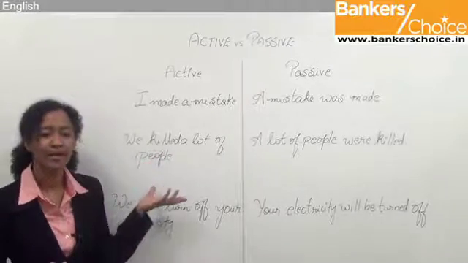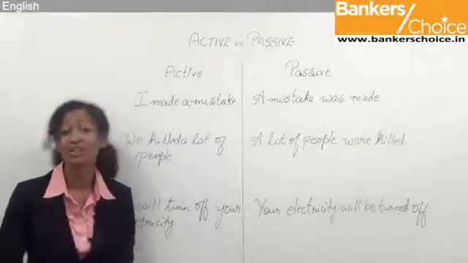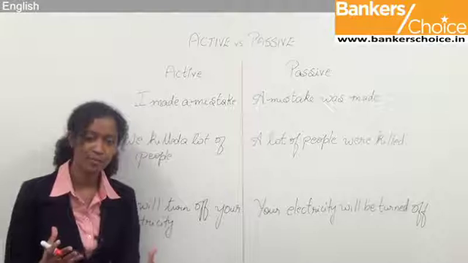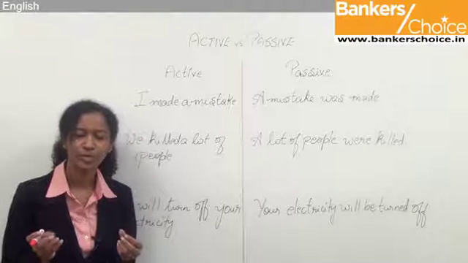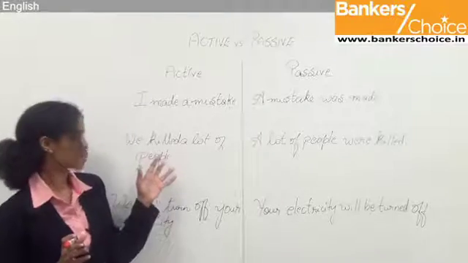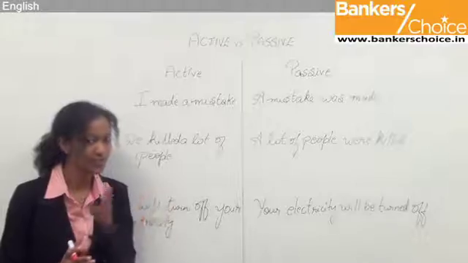So active, on the other hand, is most preferable when you're writing essays or assignments or just for regular writing, because it's direct, it's straightforward, the focus is on the subject, it keeps the reader or the listener hooked to the subject. That's when you use the active voice. Now let's understand the application of this through an exercise.